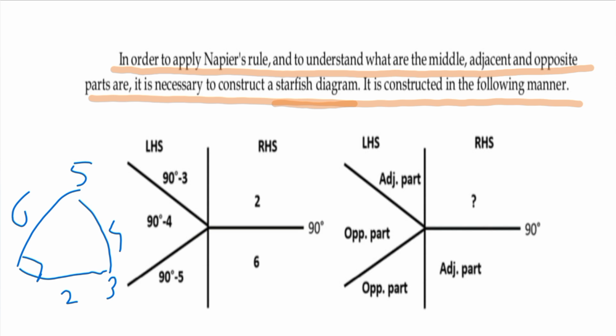What we have to keep in mind is that in the LHS it should be 90 minus the particular angle, and in the RHS the angle as it is. If the opposite part is given, we have to use the cosine equation, and if the adjacent part is given we have to use the tangent equation. So that's the thing.